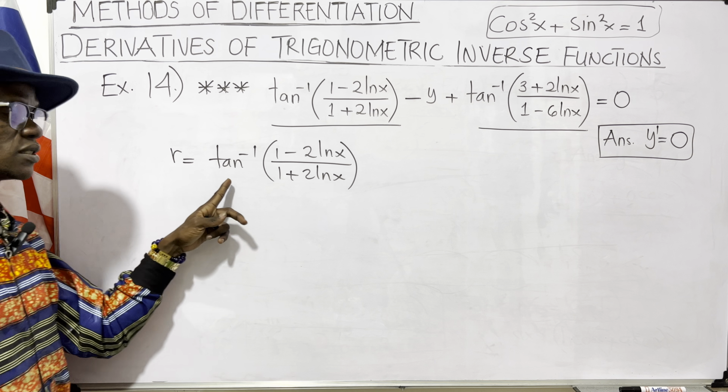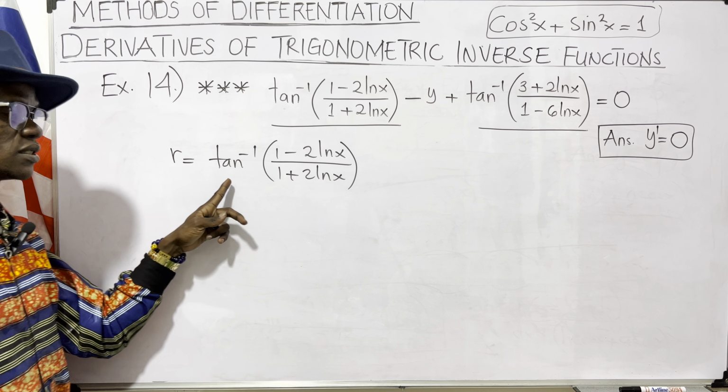So r prime is equal to 1 over 1 plus x squared, times the derivative of x. Remember, the derivative of tangent inverse of x is 1 over 1 plus x squared times the derivative of x. So what is our x? Our x is this entire expression.